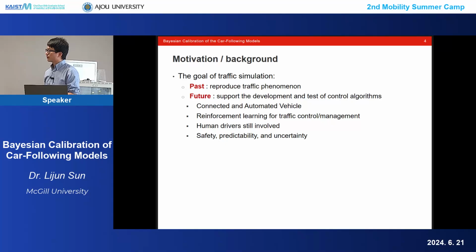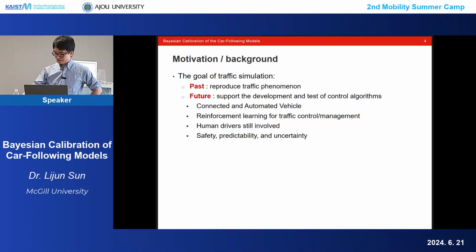So the goal of traffic simulation in the past has been supporting this type of analysis. If I have a new design, a new project, can I use traffic simulation to visually evaluate the overall performance, and then from the simulation result, also do some quantitative analysis to see what the overall delay is and what the queue length is, for example, at the intersection.